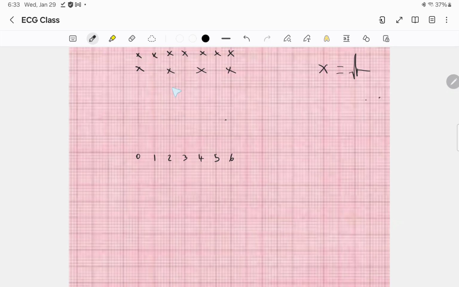This one, it's every 3. Then every 4. Then every 5. And then every 6. And for all of these, we're assuming regular heart rates.